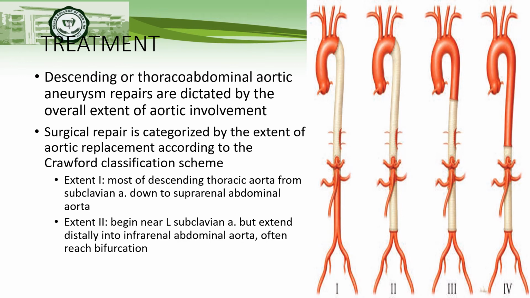So first extent, most of the descending thoracic aorta from the subclavian artery down to the suprarenal abdominal aorta. So resect and replace. Second extent, left subclavian up to the infrarenal abdominal aorta. Sometimes they reach the bifurcation of the iliacs.